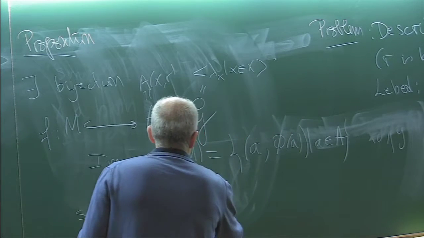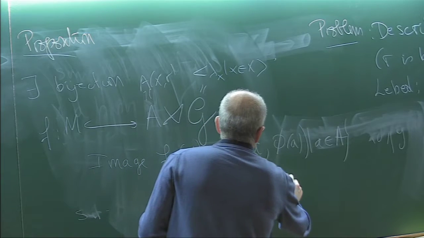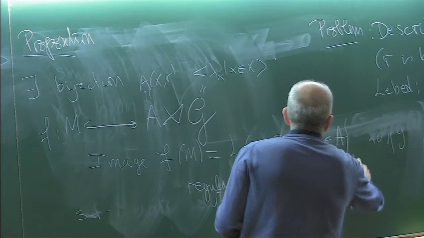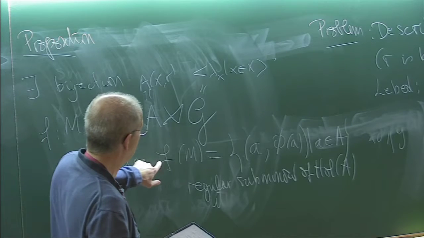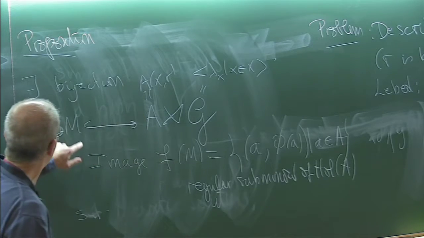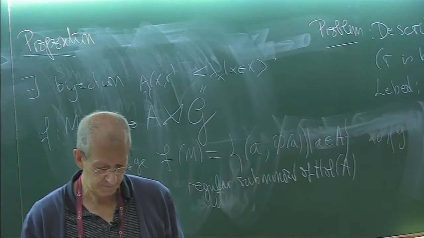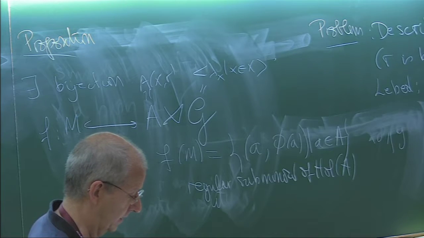So it's a regular submonoid of the holomorph of A. Or for those who prefer cohomology, you get a one cocycle from M to A. And using this one cocycle, you can define a new operation on M based on the operation here. This is in a nutshell, but I don't go further because of lack of time.